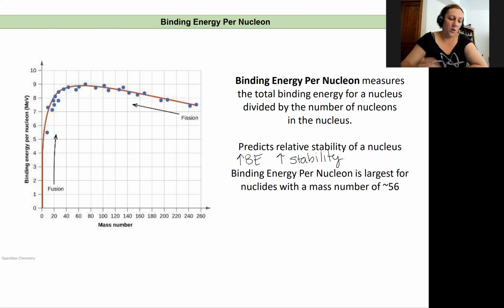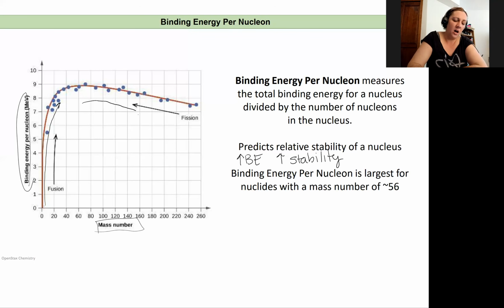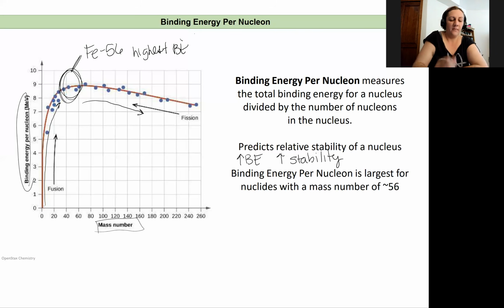This plots the mass number versus the binding energy per nucleon. We see it rises sharply, right? As we increase in size, the binding energy of our nuclei increases rapidly. But then they start leveling off, which is interesting. At the peak, it's iron 56 that has the highest binding energy, and after that, it decreases.